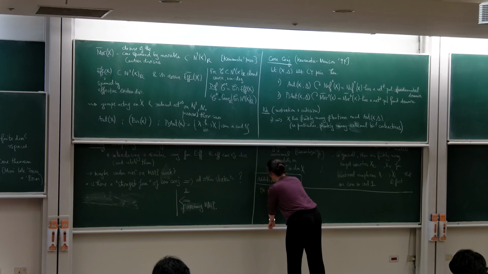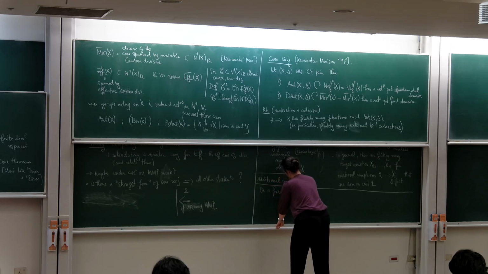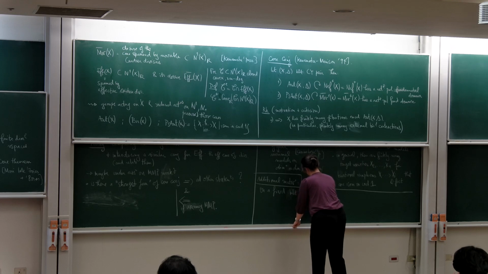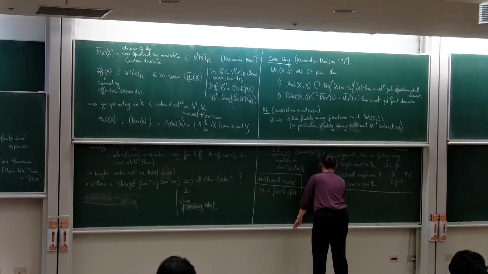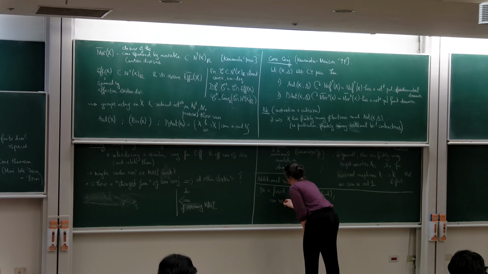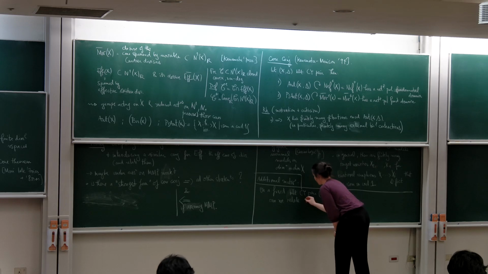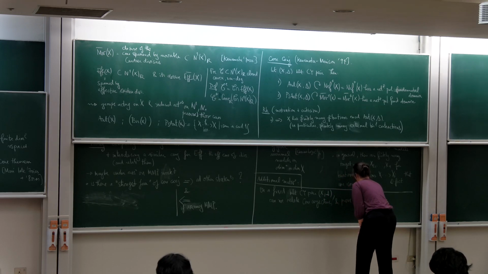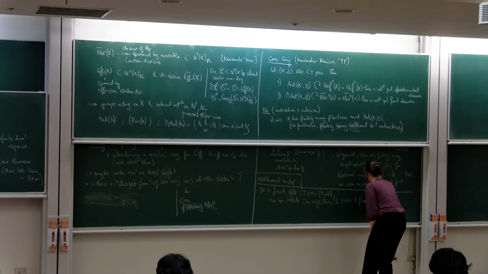On a fixed variety, on a fixed pair, so a KLT Calabi-Yau pair (X, Delta), can we relate cone conjectures and prove one form of it?